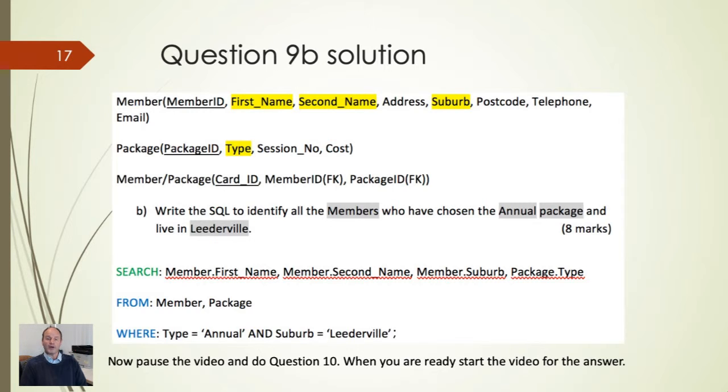You would get 4 marks for the select row, 2 marks for the from row, and 2 marks for the where row. When you are ready, have a go at question 10 and check back with the video later to have a look at the solution.